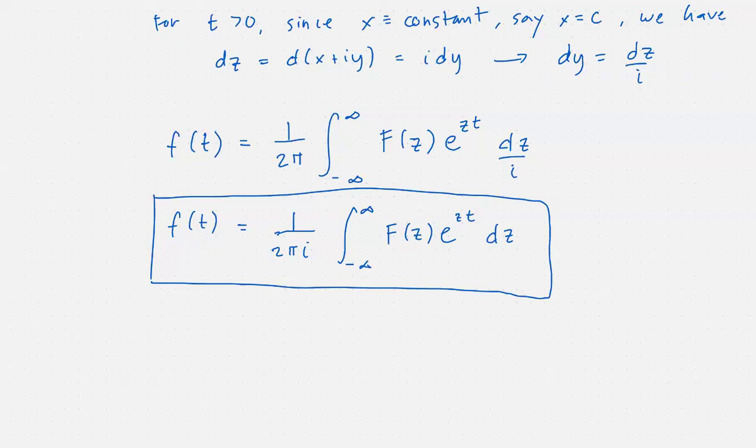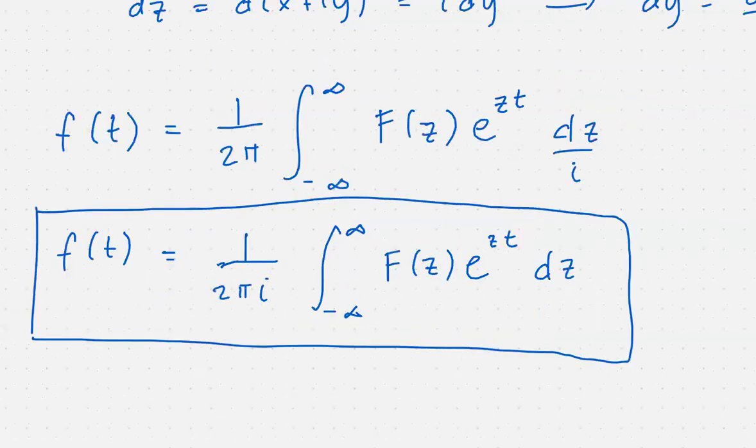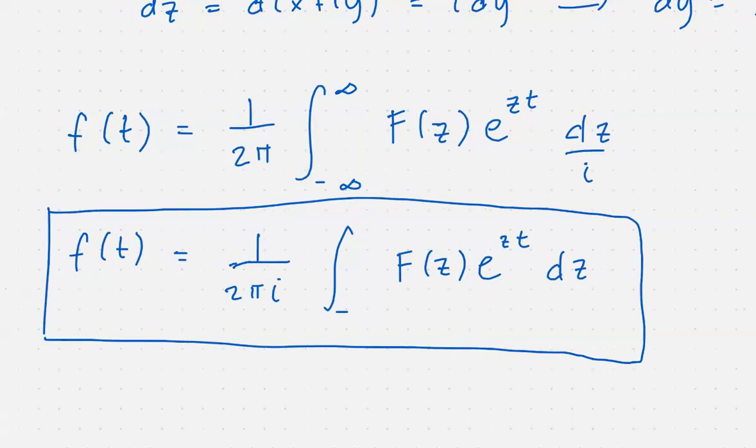So we need to make some adjustment in our bounds. This is going to be some constant c plus i infinity, and then c minus i infinity.